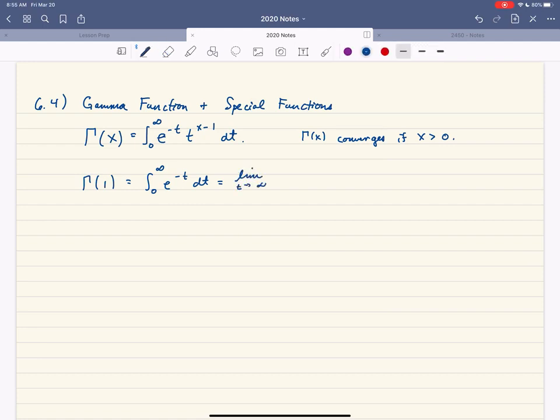So this is the limit as b goes to infinity of the integral from 0 to b of e to the negative t dt. Now this is just a limit of a normal integral over a finite interval. So this is going to be negative e to the negative t from 0 to b. And then that's negative e to the negative b plus 1. And negative e to the negative b goes to 0. So that means this whole limit will be 1. So gamma of 1 is 1.